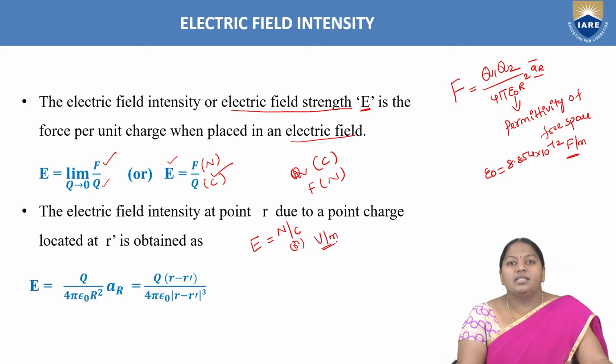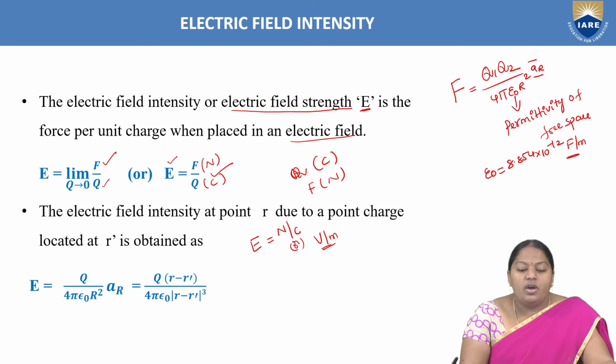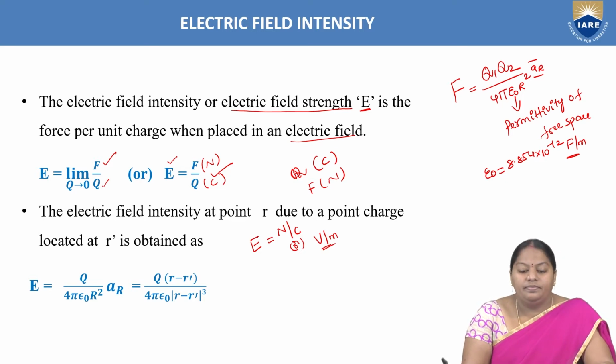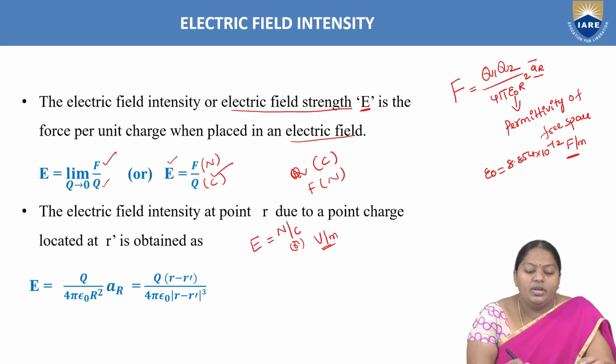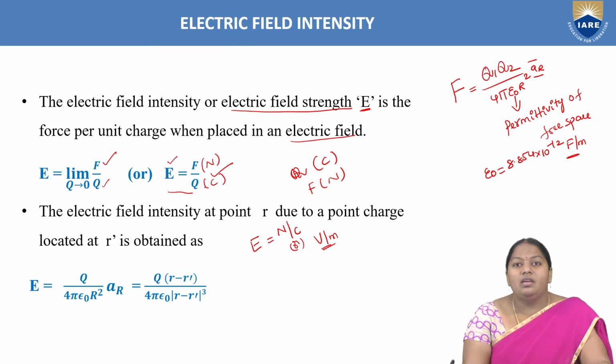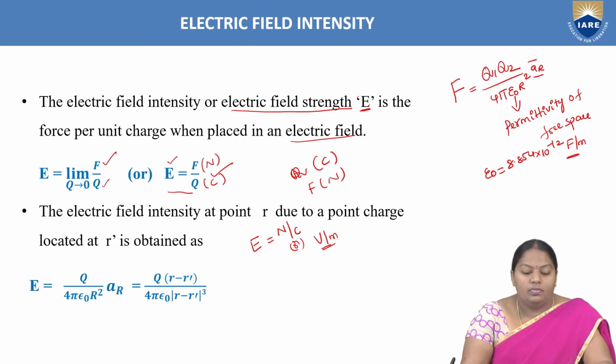So the electric field intensity or electric field strength is defined as the force per unit charge when that particular element is placed in a field called electric field. Hence E equal to limit Q tends to 0 of F by Q, or simply E equal to F by Q.